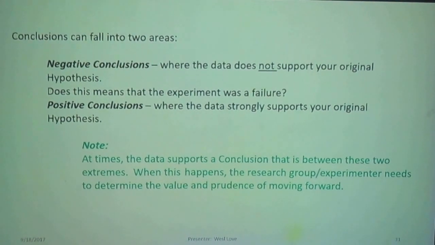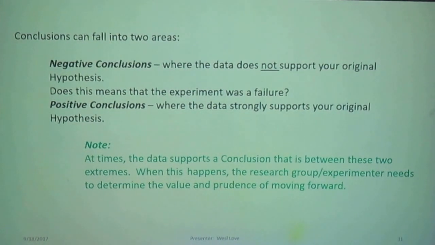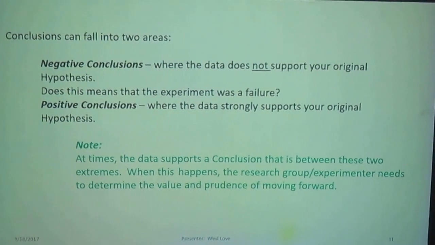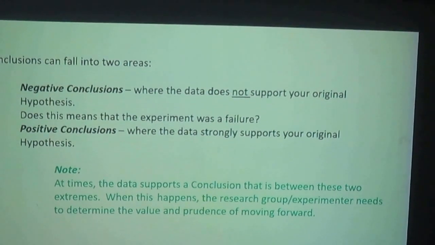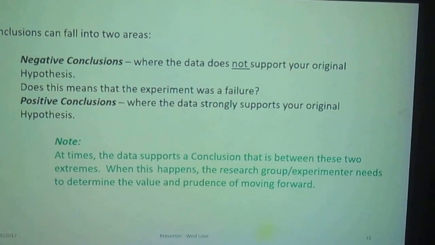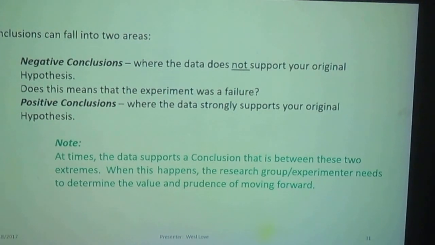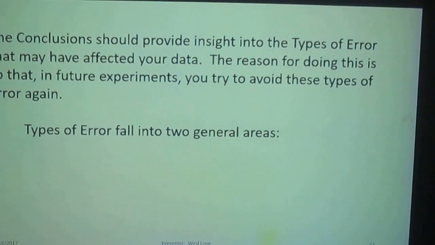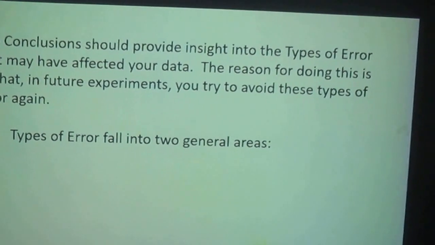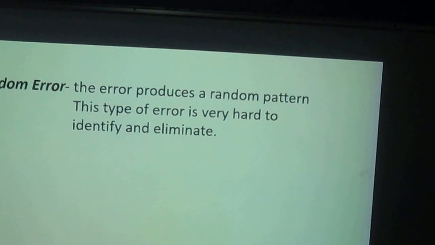Negative conclusions are those that disagree with our hypothesis. Positive conclusions are those that support, and usually it's somewhere in between. And as we look at these conclusions and evaluate what type of conclusions there are, we need to be looking at the types of error that can creep into a scientific experiment.